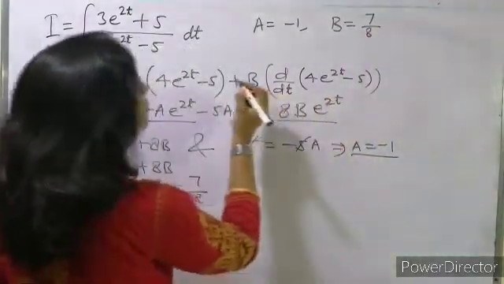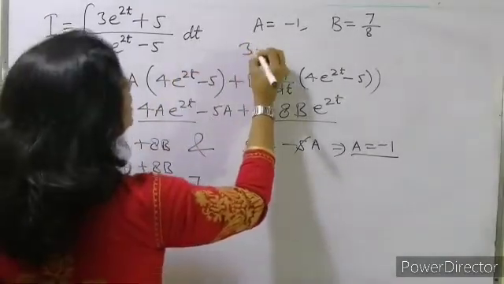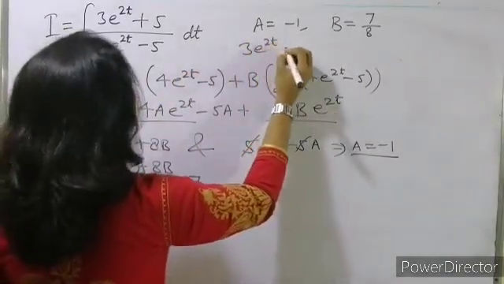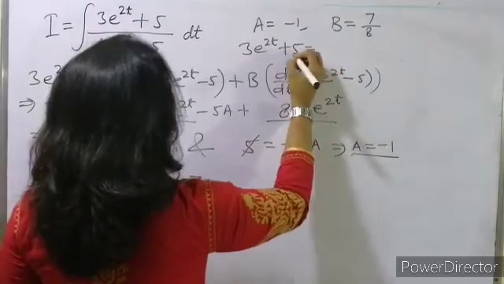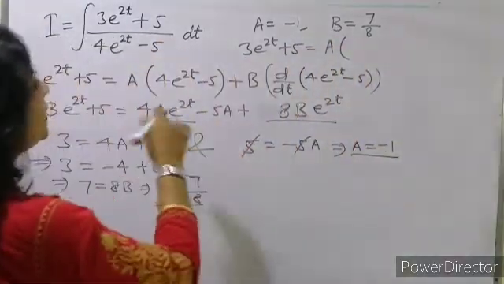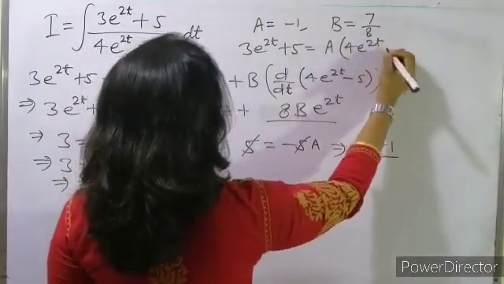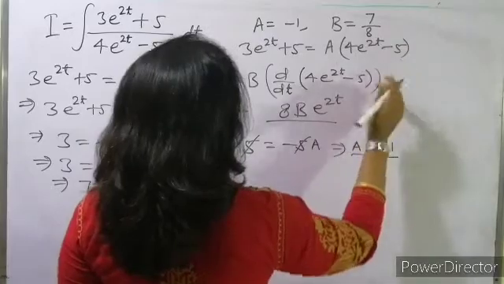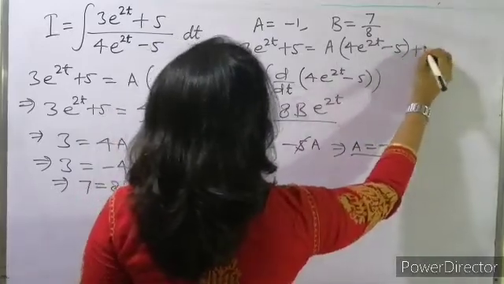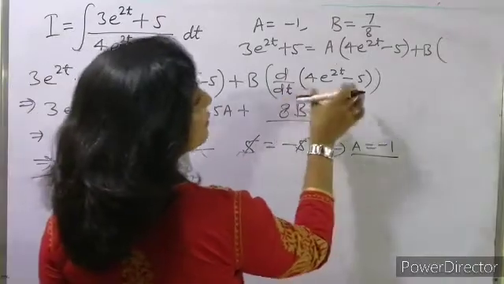And now how do we have to put the value? The numerator, that is 3e to the power 2t plus 5, should be equal to a into the denominator, that is 4e to the power 2t minus 5, okay, and plus b into the derivative of this function.